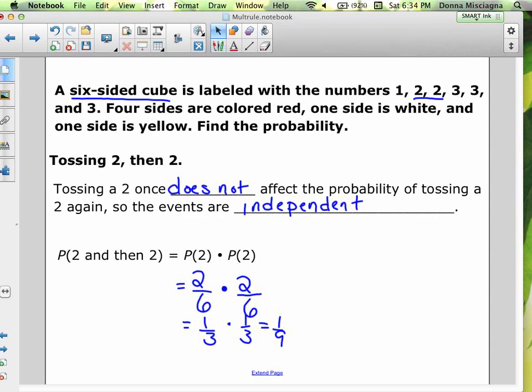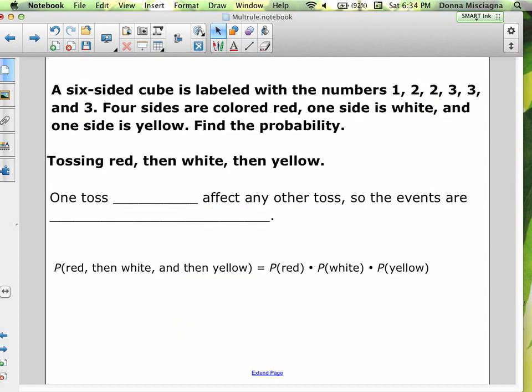If your events are independent, you just have to multiply the two probabilities, or 3 probabilities, or however many probabilities it is. Here we have 3 probabilities because it's 3 events. So the number of probabilities is going to equal the number of events. Here we have a six-sided cube labeled with the numbers 1, 2, 2, 3, 3, 3, and 4 sides are colored red, one side is white, one side is yellow.